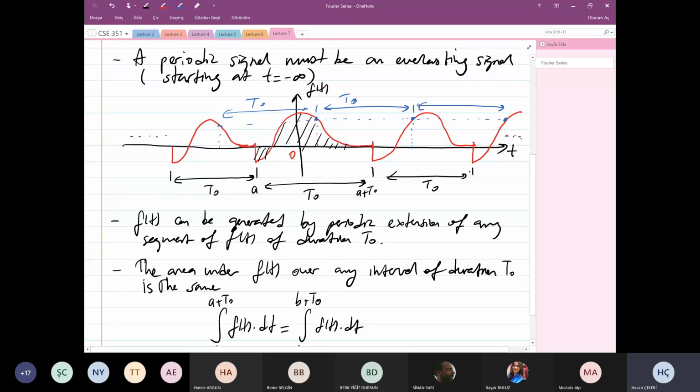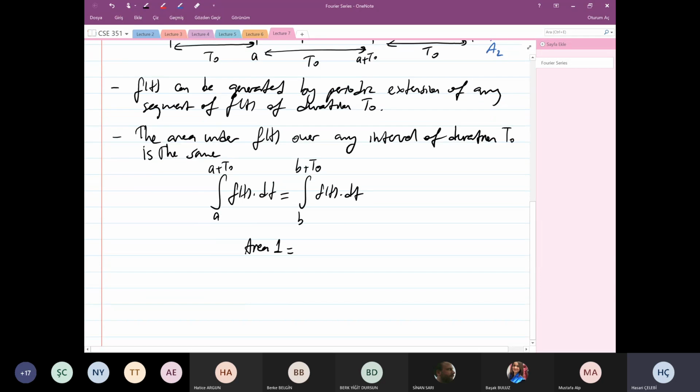Let's say this is my B plus T0. Another segment has a duration of T0, right? So this area is going to be this. This area is called A2 and this is called A1. So area 2 is going to be equal to area 1.